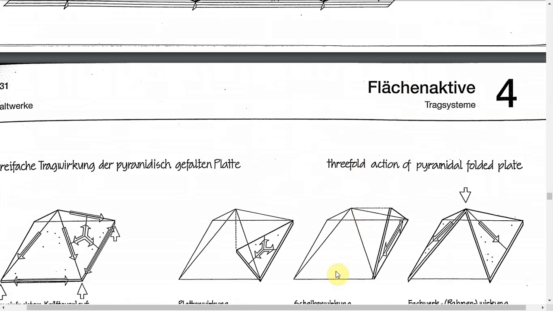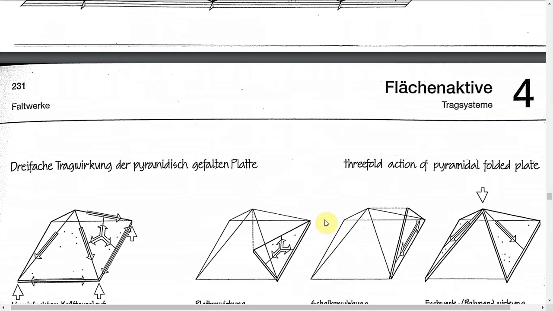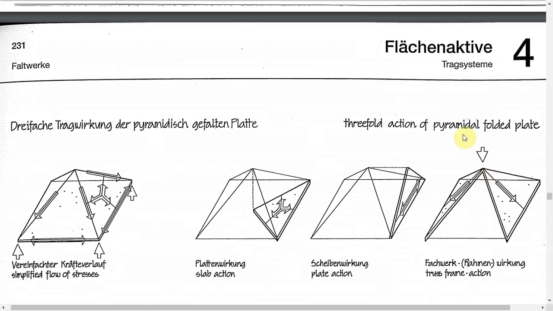Now we can compare the surface active structure system also with the platonic solids. What is a platonic solid? Or we can simply say it is a polyhedra system, right? Okay, it can be understood here.